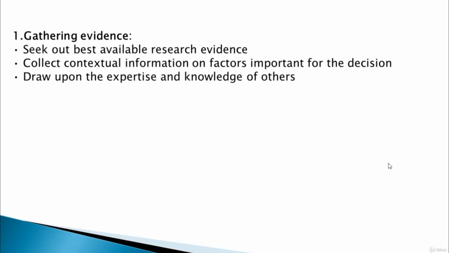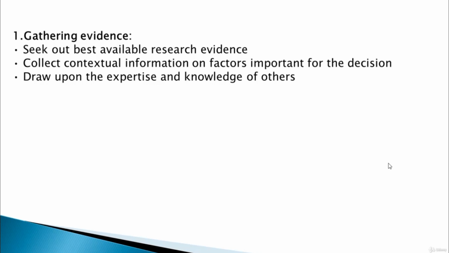Now, we can say that there are three stages in making decisions based on evidence. The first stage is of course gathering the evidence, looking for the evidence. So we're first seeking out the best available research evidence, and we're collecting contextual information on factors that are important to making the decision, and we're drawing upon the expertise and knowledge of others.